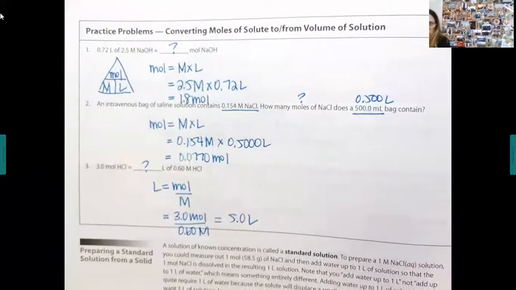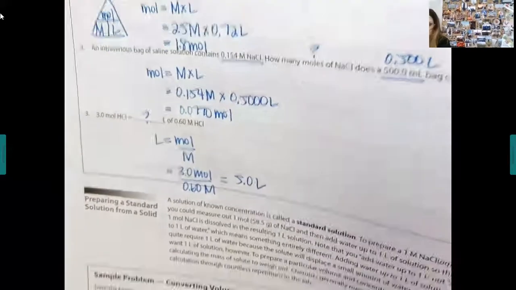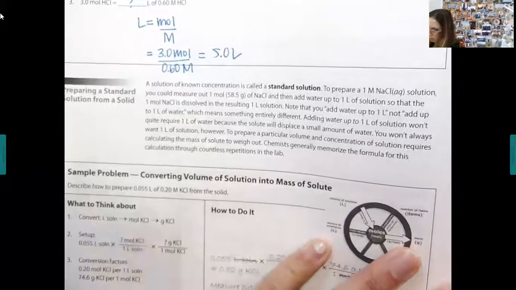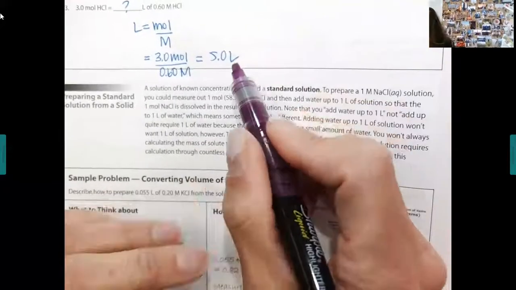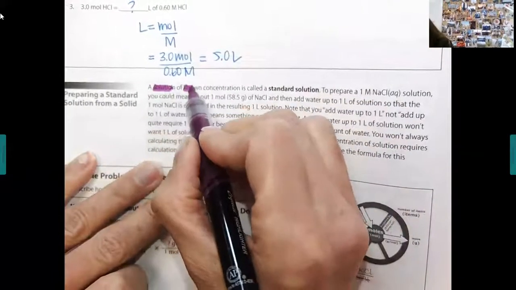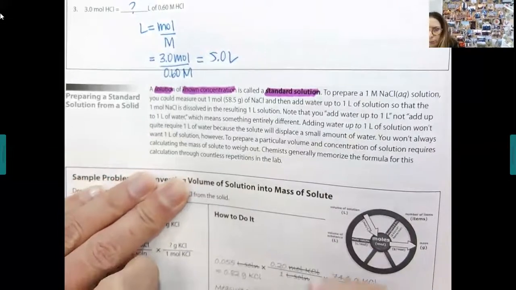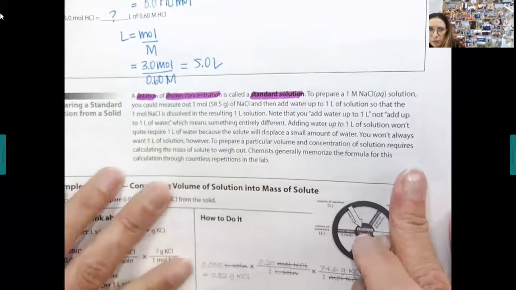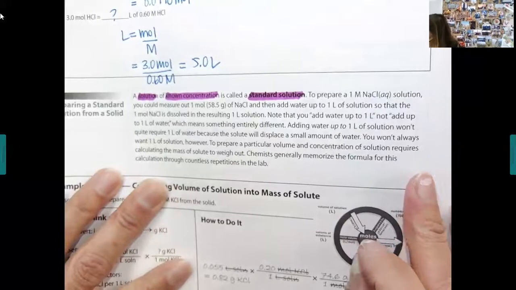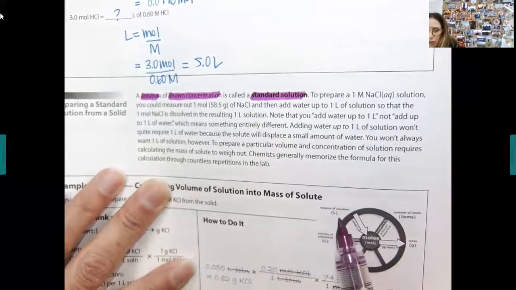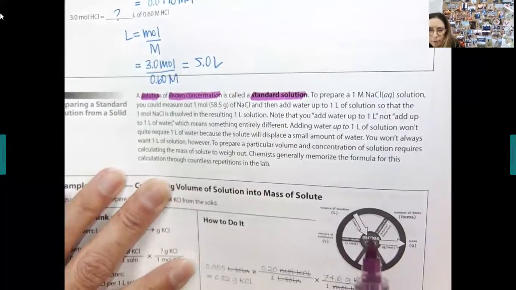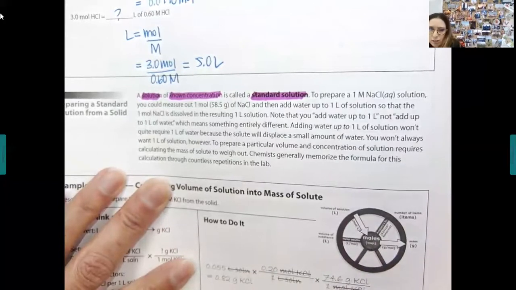Okay, now let's talk about preparing a standard solution from a solid. Anytime you have a solution that the concentration is known, it's called a standard solution. It's important that you know how to prepare a standard solution. So typically, if you have a solid, you have to calculate how much of that solid you have to measure out, put it in a container, and then you add water up to whatever the volume is that they're specifying.